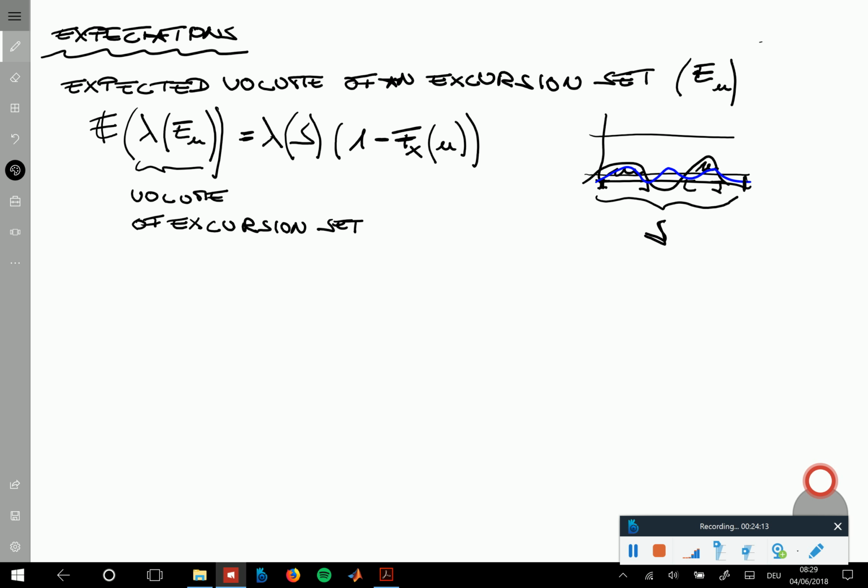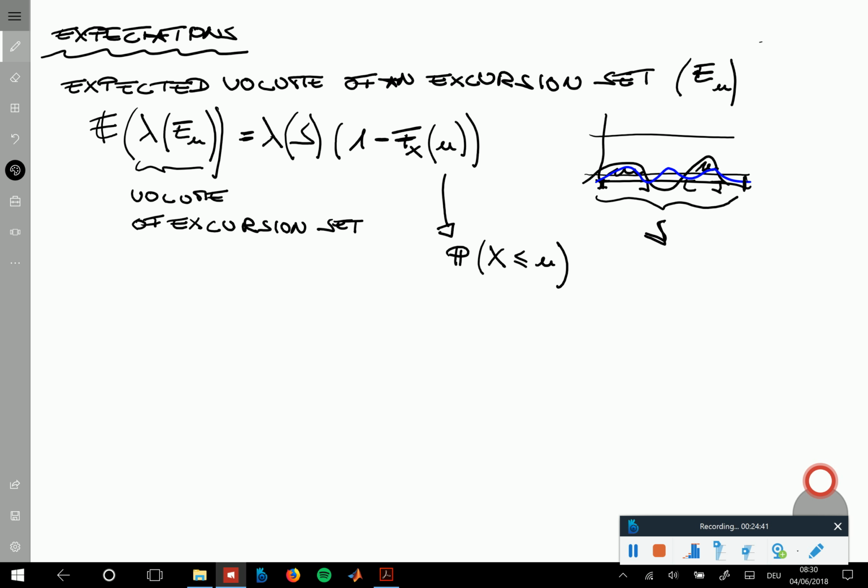So think again that this is the probability that x is smaller or equal to u, so x being the random variable that is represented by the random field. For example, if it's a Gaussian random field with variance 1 and expectation 0, then this would be a z variable.